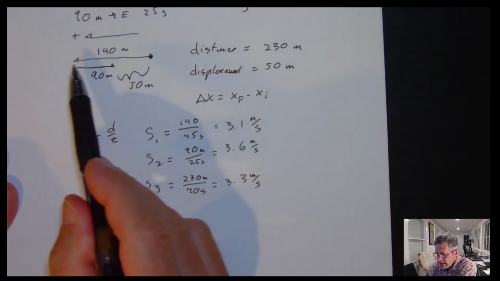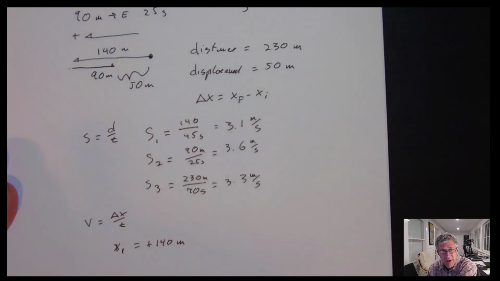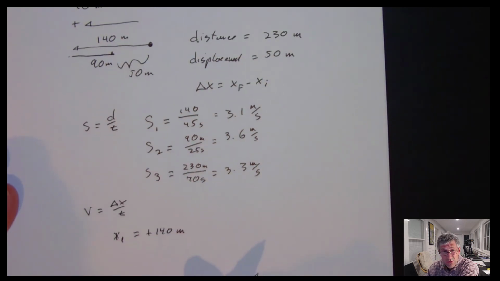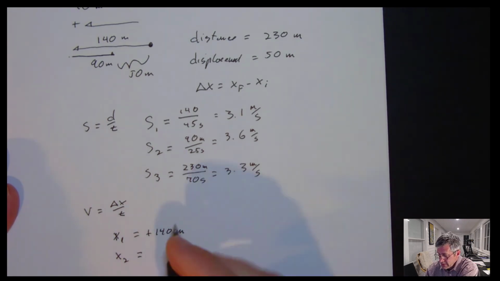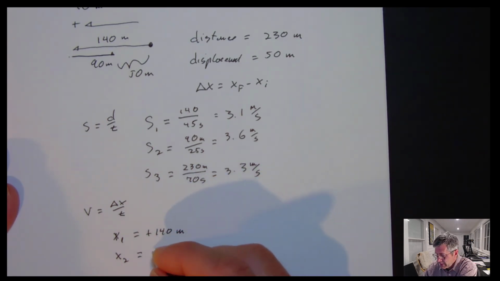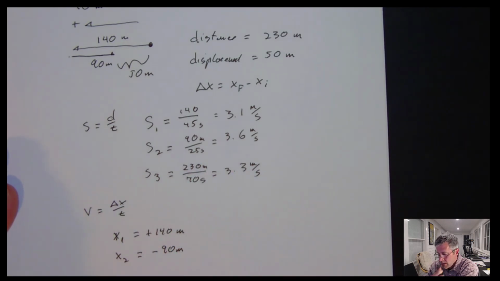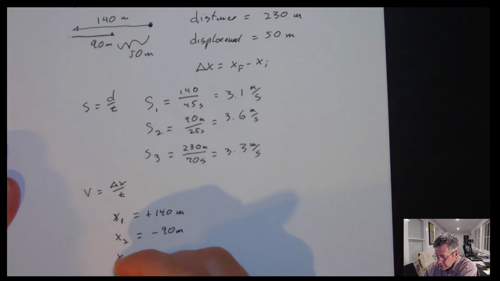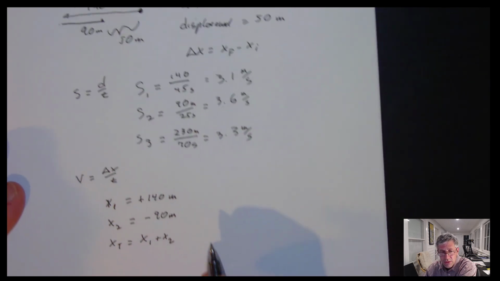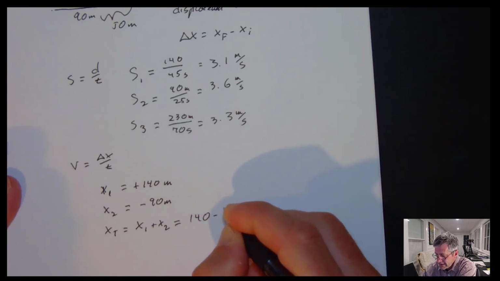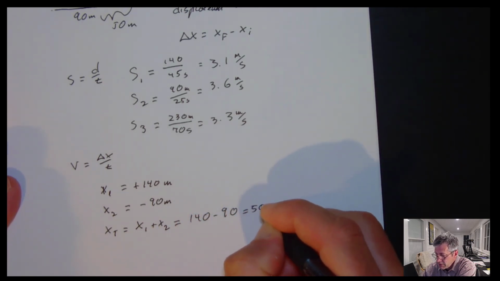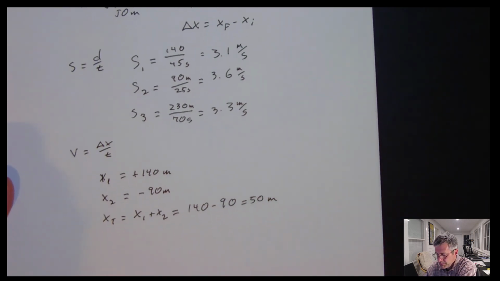That second leg, now I'm going in the opposite direction of my positive arrow. So this is going to be negative, right? So the displacement for my second leg of my trip is going to be minus 90 meters. And my total, then I just add these together, right? So x1 plus x2. So I'm going to add together 140 and my negative 90. I'm going to get my 50 meters, which is my total displacement.